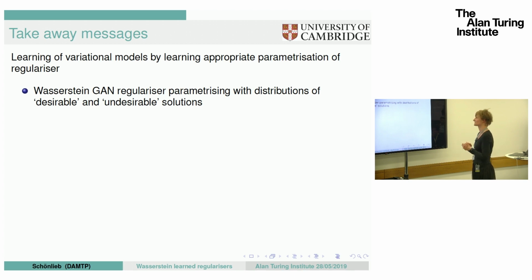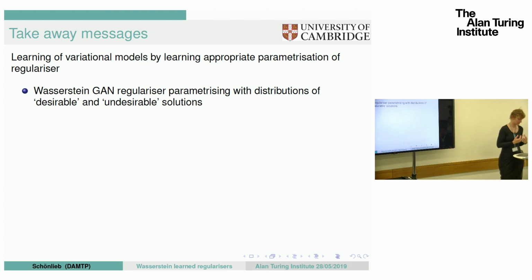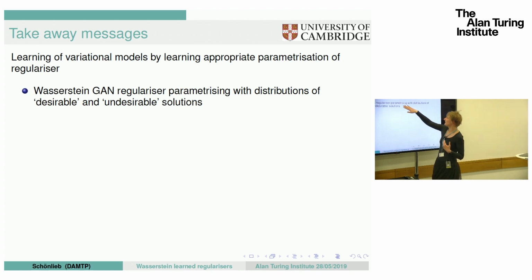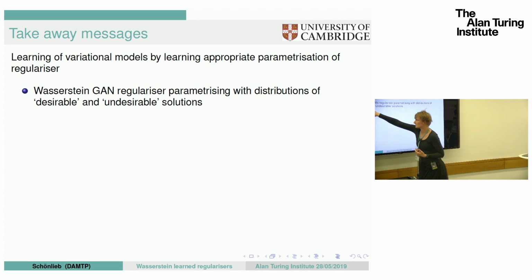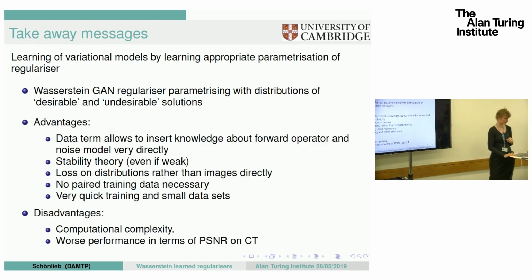So, takeaway messages. What I've talked about is learning regularization in variational reconstruction approaches, setting it up in a way where we parameterize the regularizer in terms of a neural network. The heuristic of training this regularizer was that we trained it to favor ground truth images, or structures that we have in ground truth images, and to unfavor images from very simple reconstructions like filtered back projections.